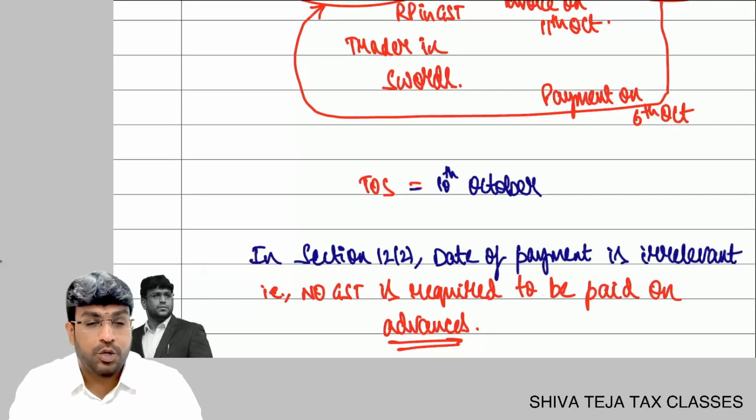And below that, note also you take, please. In section 12(2), date of payment is irrelevant. That is, no GST is required to be paid on what, my dear friends? Advances. Very, very important point.